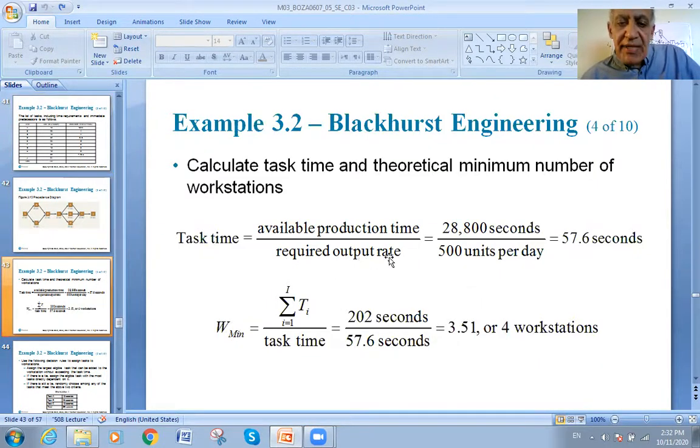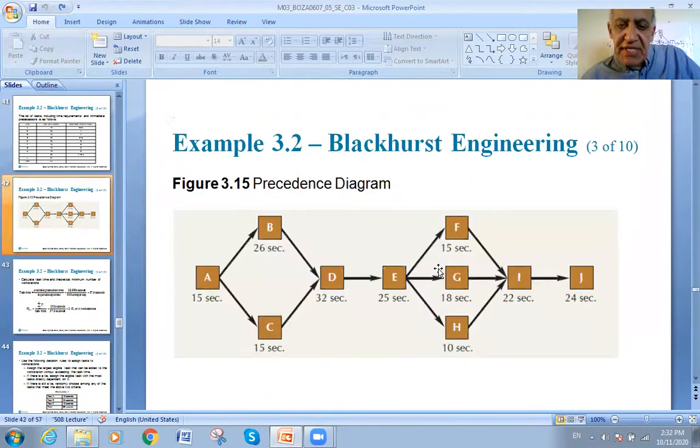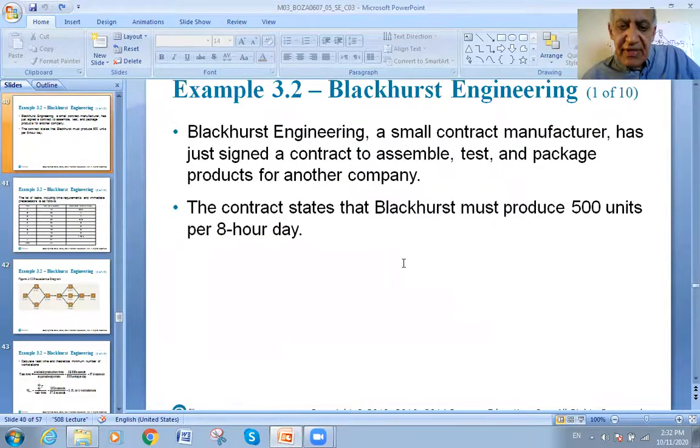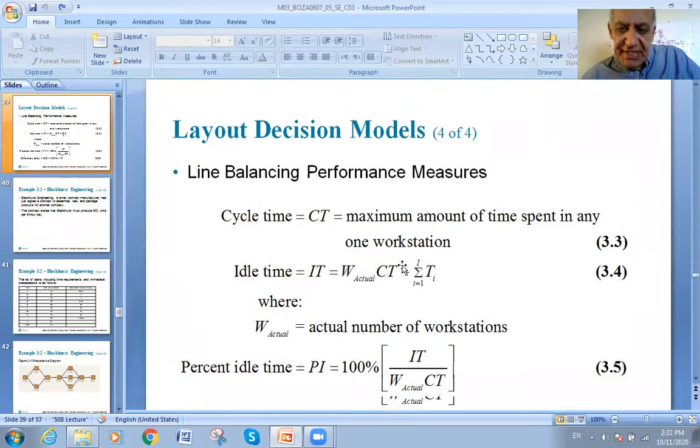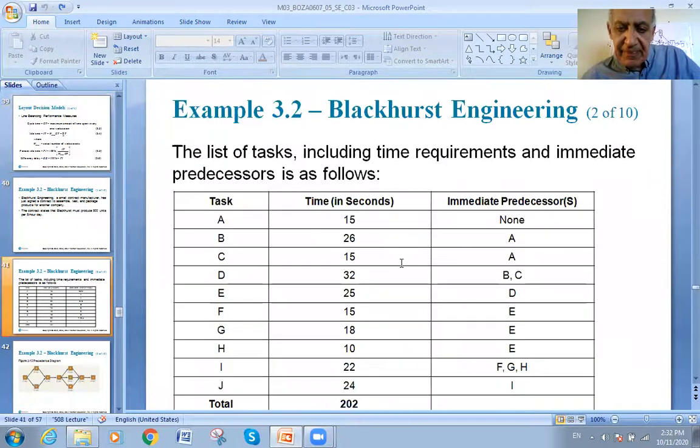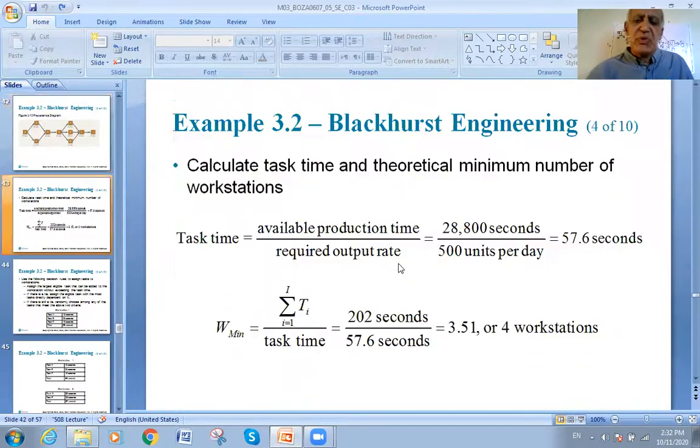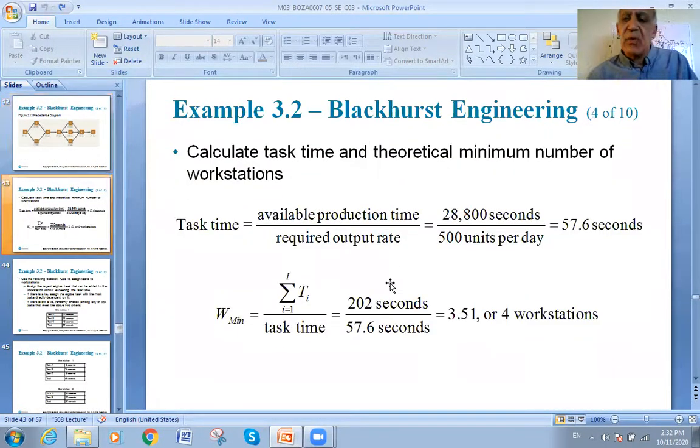The required output rate is 500 units per day, because he said 500 units in 8 hours. This is in the example. What you will do is apply the law. You substitute the numbers given in the example into the law.